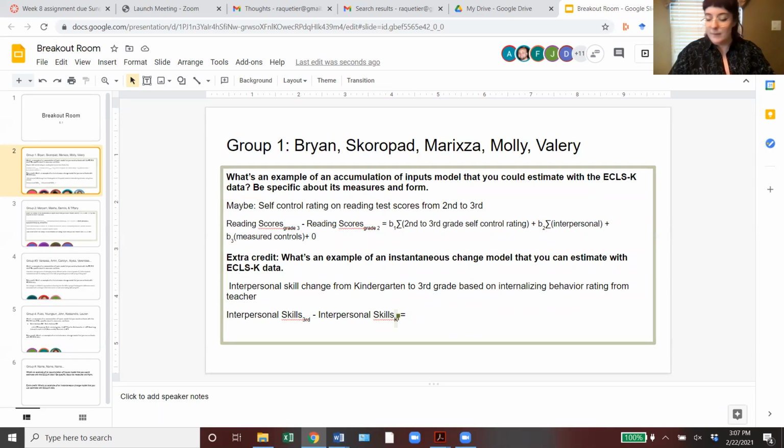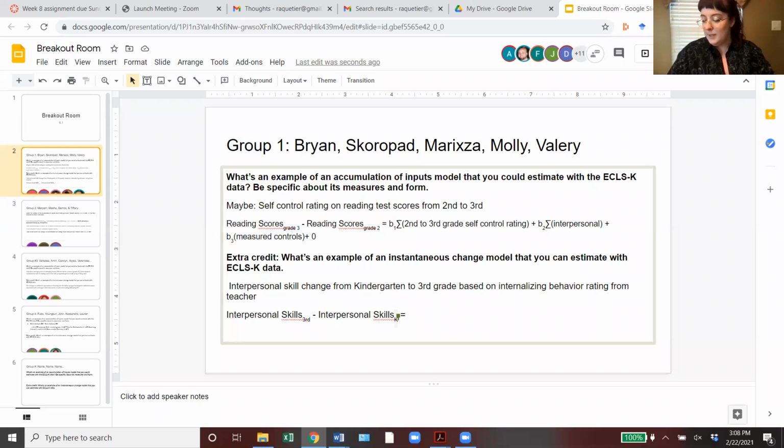I didn't write out all of the models, but basically our first model would have been reading scores at grade 3 equals A plus B1 times the sum of the self-control rating from kindergarten to 3rd grade. And then plus B2, we thought we could maybe control for interpersonal skills, the rating about that, and we would look at that again from kindergarten to 3rd grade.